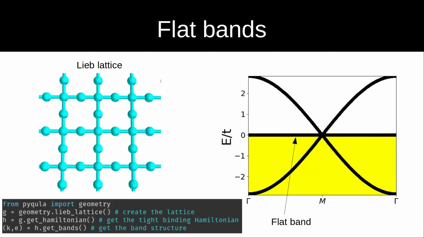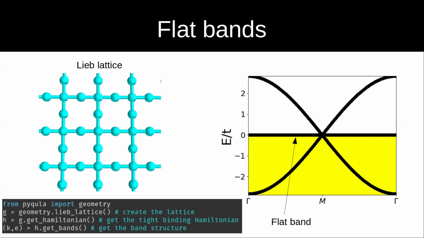And then one can also come up with a very simple model that features flat bands. So this model is very similar to a square lattice, and it can be built from a square lattice, but the idea is that you essentially remove one side every 4 from the square lattice, and this is what is called the Lieb lattice. This is a lattice that has a dispersion relation that in a way is similar to the square lattice.